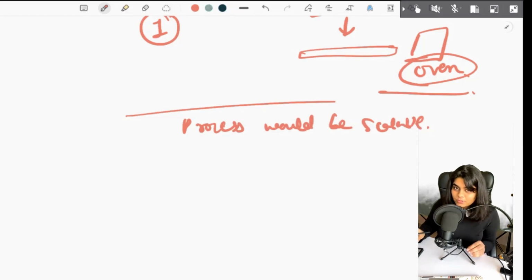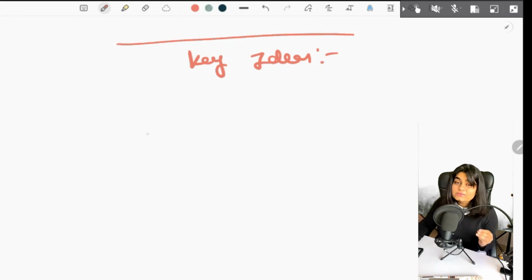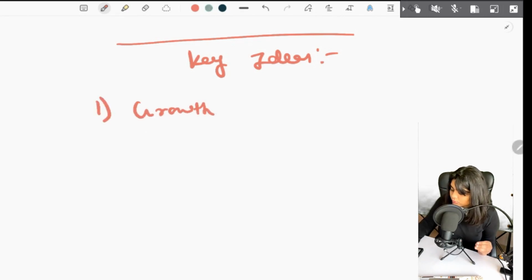This was an example of needing to scale your ability to handle the increased demand of making more pizzas. So the key idea behind this is that scalability means to handle growth, whether it is more pizzas, more users on your websites, or more customers in your business, without the process breaking down. So there are two types of scalability.